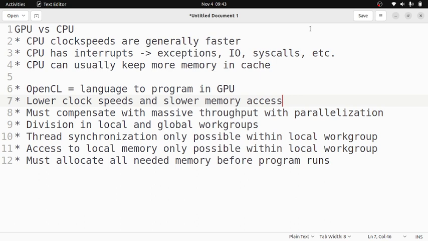But again, you should remember that in the GPU you have lower clock speeds and slower memory access. So the only way that the GPU can actually be faster than the CPU is if you can use massive parallelization, right? For example, in my machine the CPU has 4 cores, right?